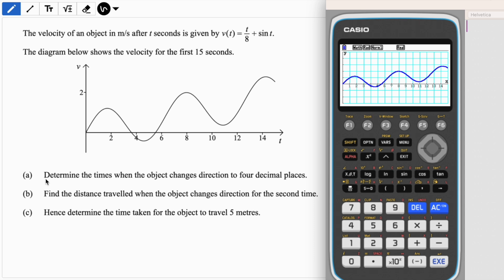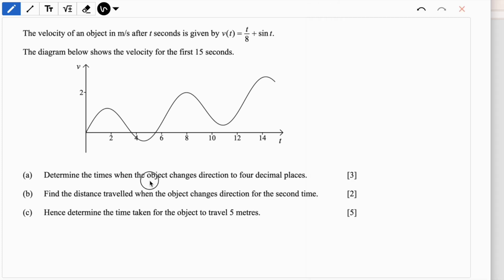Let's read part A now. Determine the times when the object changes its direction. So if you see very carefully, it says changes direction. So guys, remember, these are maxima and minima. So where velocity is minimum or maximum, but it's not 0. Velocity is 0 where?